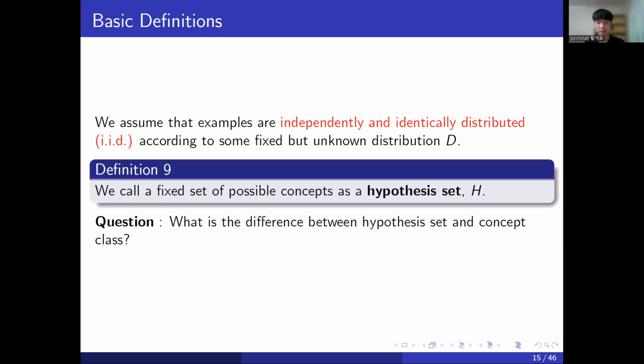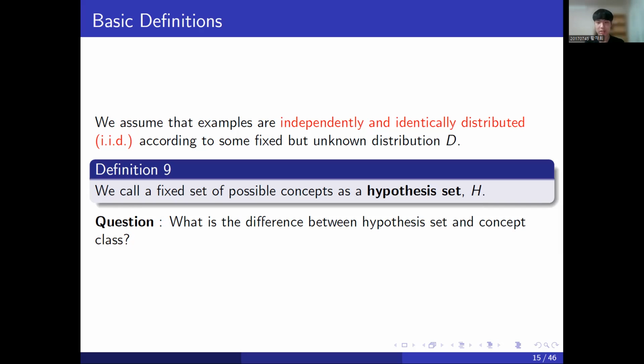Now I introduce another definition. We call a fixed set of possible concepts a hypothesis set H. Recall that a concept is kind of a function from X to Y. Then what is the difference between the hypothesis set and the concept class?